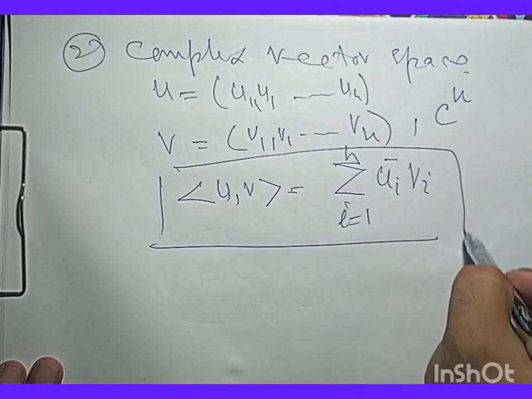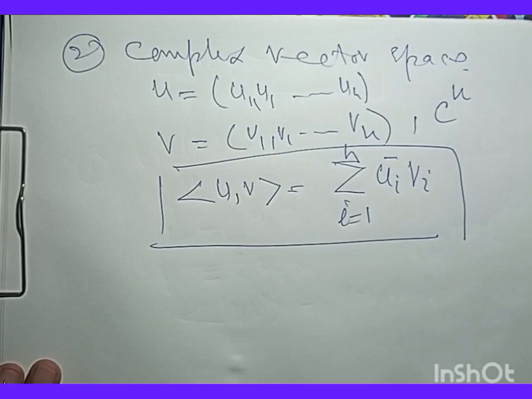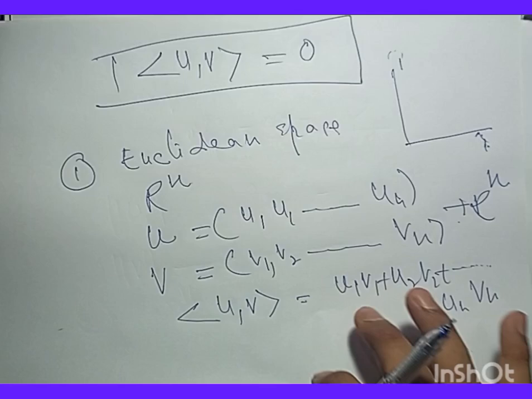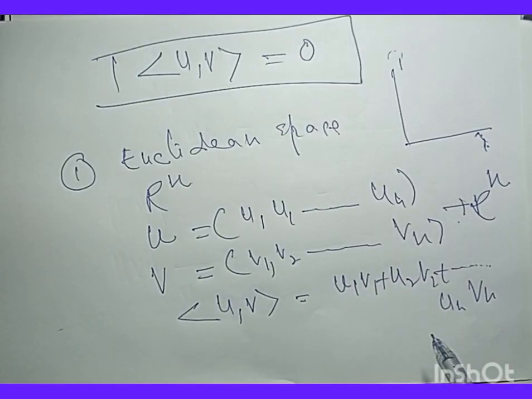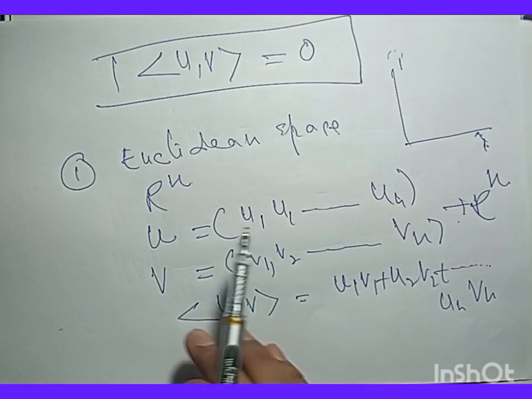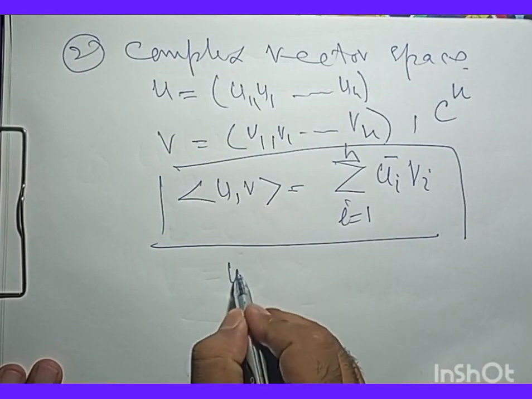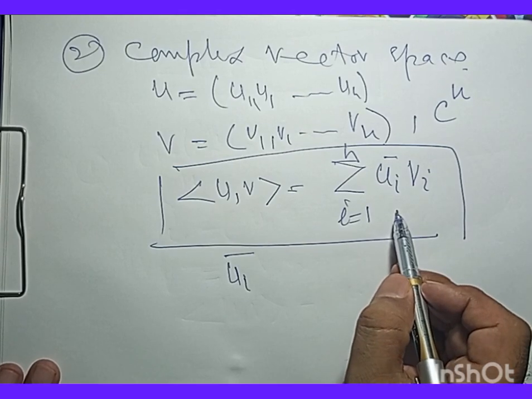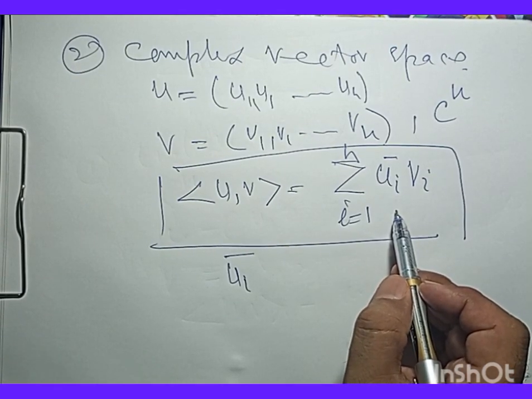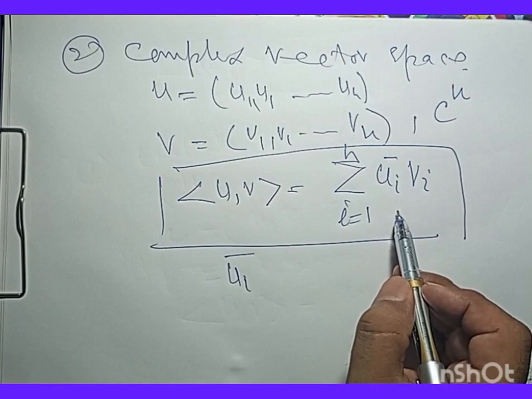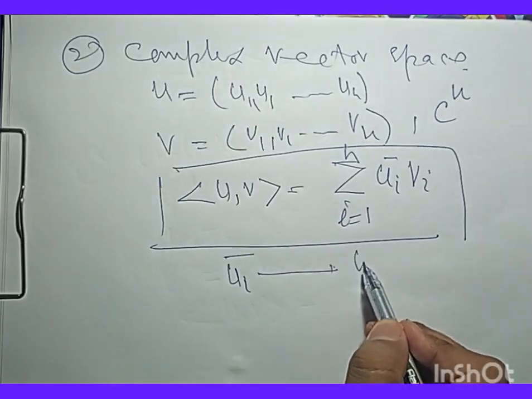So this is the inner product in a complex vector space, and the earlier one is the inner product in Euclidean space, that means in real space. And this ui bar that we have introduced here is the complex conjugate of ui.